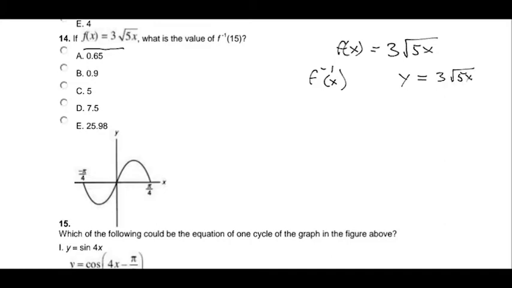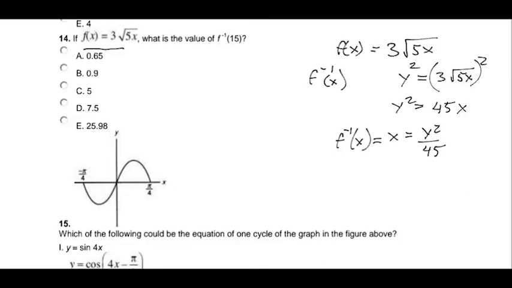So square both sides to cancel the square root. So we're going to square here and square over here. So we're going to get y squared is equal to 9 by 5x, which is going to be 45x. So therefore x is equal to y squared over 45. Just divide across. Alright, so we have it inverted, so that's f minus 1 of x.